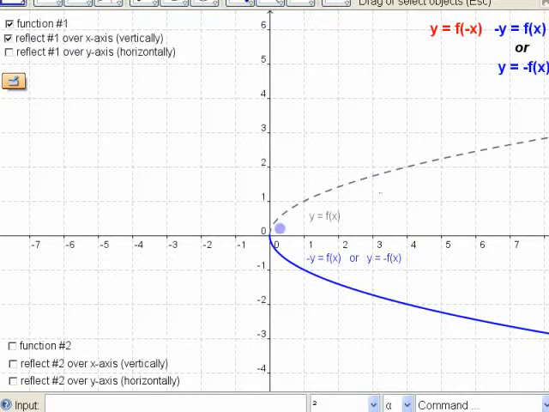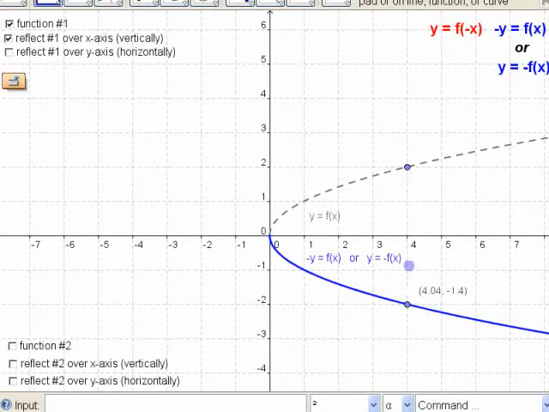This particular function is just square root of x. So pick a value, like 4, and you take the square root, you get 2. If there's a negative afterwards, it reflects that point down to this point, right? Down there. If you apply the negative after you do the square root.